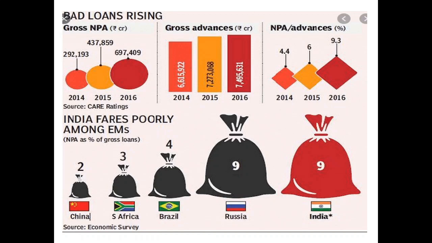Now the second chart is telling you something about the total amount of gross advances. This is the total loans that are given, in rupee crores. The point is, if you don't give loans, credit will not happen, and then the GDP growth rate of your economy cannot be ensured.